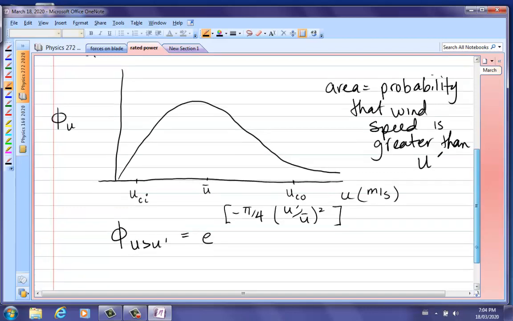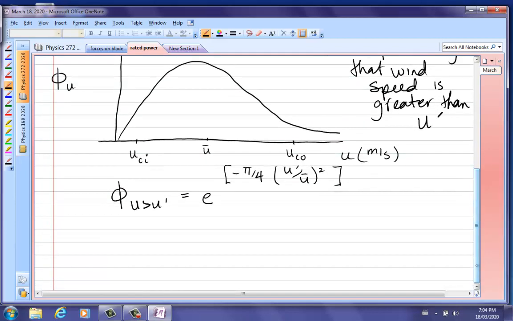Okay, so let's calculate the probability that the wind speed is going to be greater than 25. So what you're actually doing is you're calculating the tail end area. What is this area here? This would be the probability that U is greater than 25.